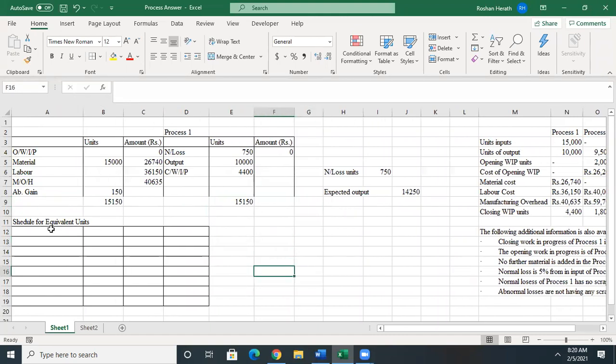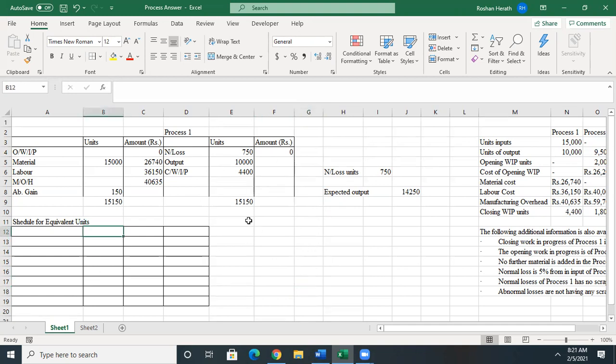It's about the equivalent unit, because the concept of equivalent unit is pretty much required when you have some output units that are not 100% completed. So if you have units that are not 100% completed, then you may have to apply the equivalent unit concept. So that is the prerequisite.